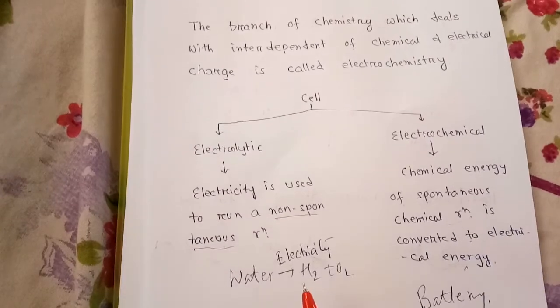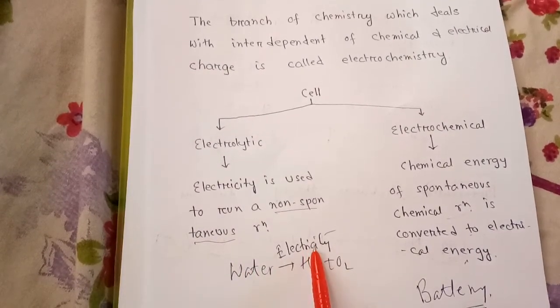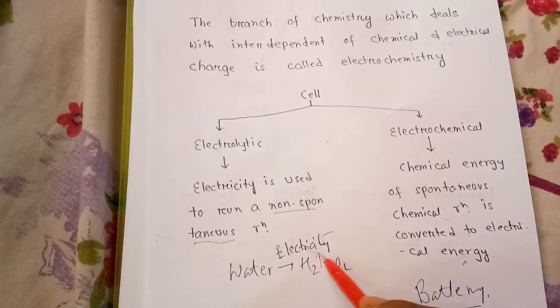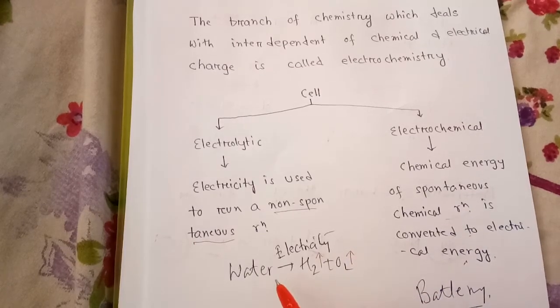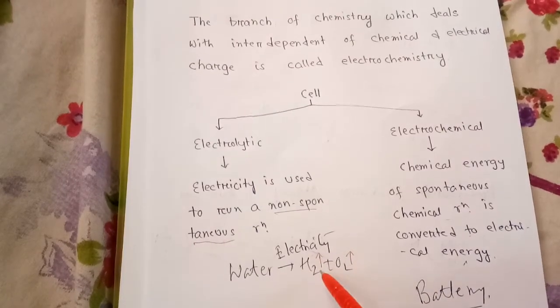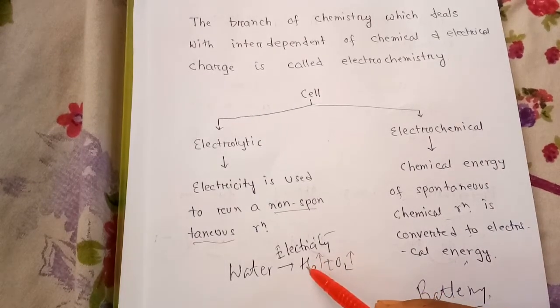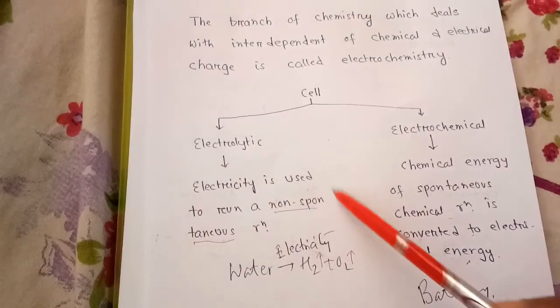For example, if I take water and give electricity, then it will produce hydrogen and oxygen, otherwise not. So this reaction does not take place on its own, but you have to give some electricity from outside. This type of cell is the electrolytic cell.